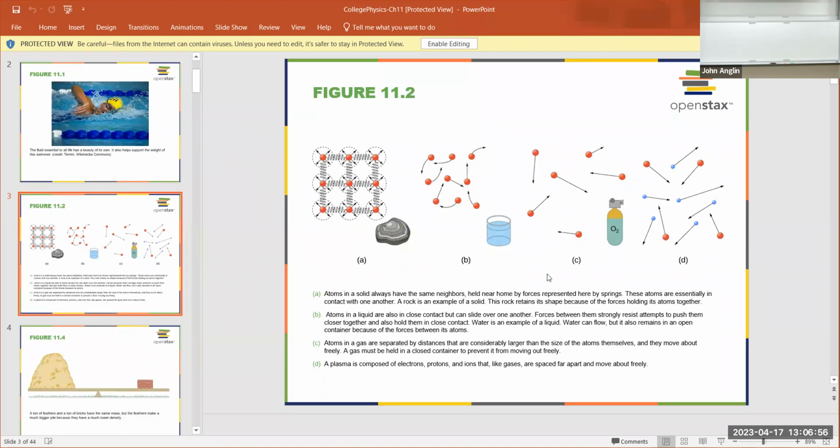So here's just, in this slide, an example of what we're talking about. In example A here, this rock or whatever it is, what we're looking at is the molecular structure of this rock. And these little red dots represent atoms. So let's say that this is a brick of iron. Each of those red dots represents an iron molecule.